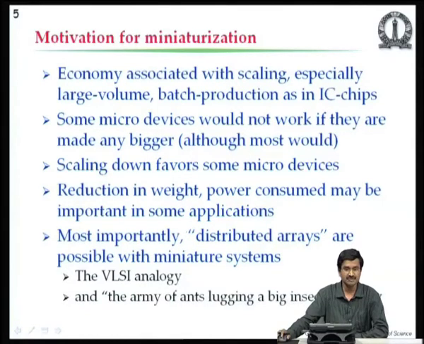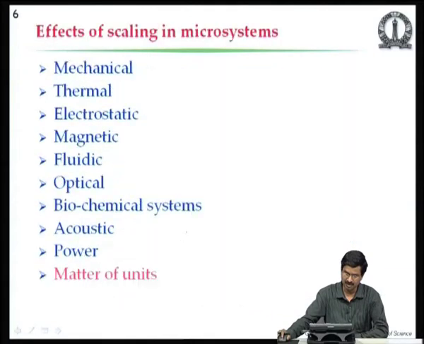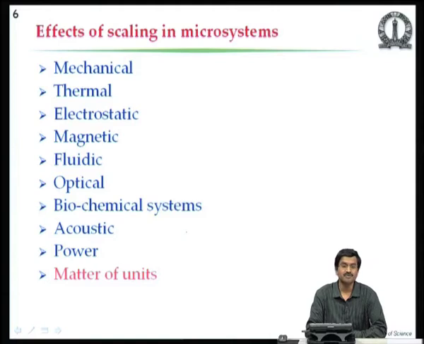So, there are many reasons for miniaturization, that is why we make it small, but really the driving factors are the scaling. So, if you make things small, things do change, and there are advantages most of the time, sometimes there are also disadvantages. We will look at the scaling issue in a number of domains today, and this will serve, as I said at the beginning of today's lecture, as a review of the modeling that we have discussed.